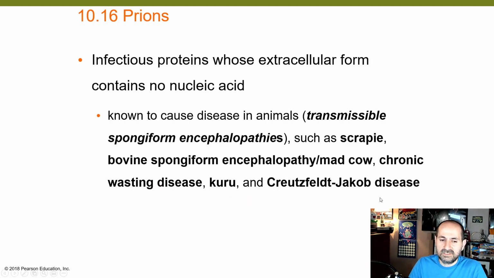These are not diseases that you want to get. These are diseases that cause spongiform encephalopathy, which means turns your brain into a sponge, essentially, by causing massive brain damage.